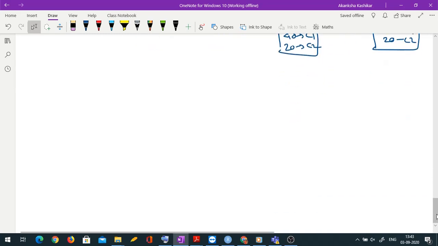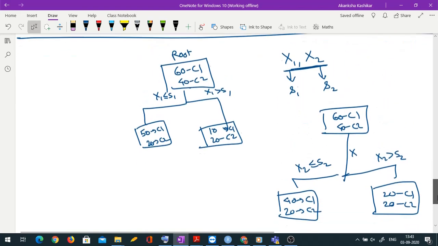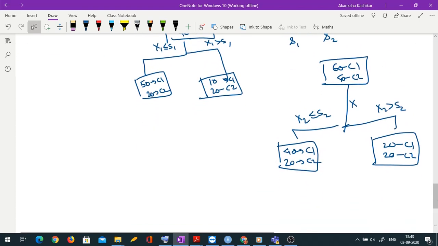Then let us compute the value of each of the above measures: misclassification, Gini index and entropy. For misclassification, in this first one here, misclassification is 2 by 5. Here it is 1 by 3. Not 2 by 5, I'm sorry, 2 by 7, because I have to take the total.